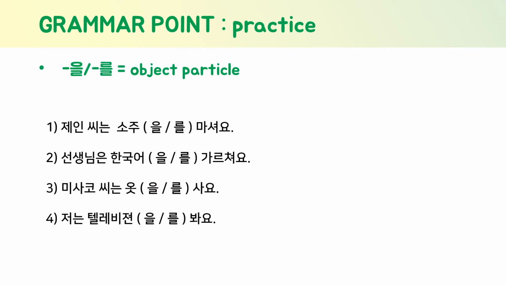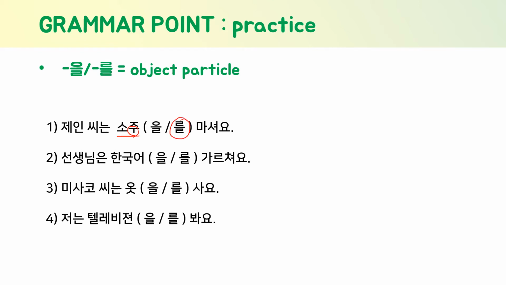So let's practice. Number one, 제인 씨는 소주 마셔요. Jane is drinking soju. Soju ends with a vowel, so which word do you have to use? 소주를. That's correct.